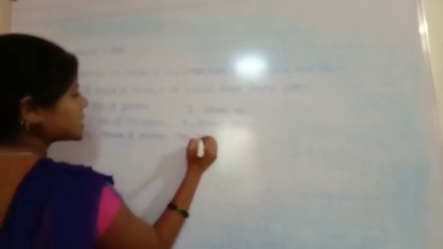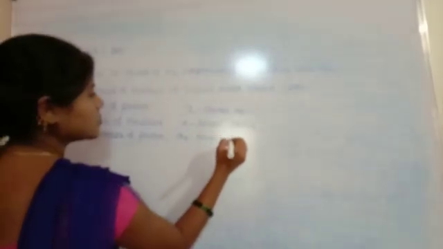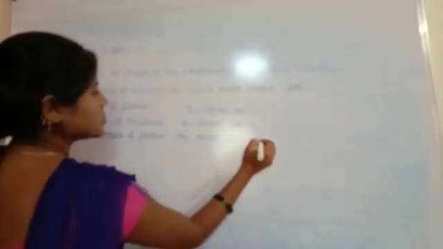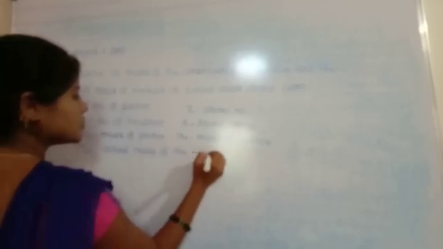And if Mp is the mass of proton, Mn is the mass of neutron, and capital M is the actual mass of the nucleus, then which mass is greater? The addition of the two constituents is greater.